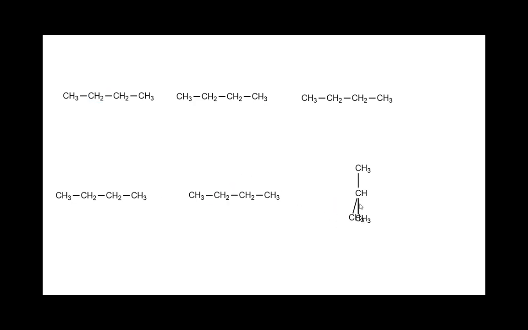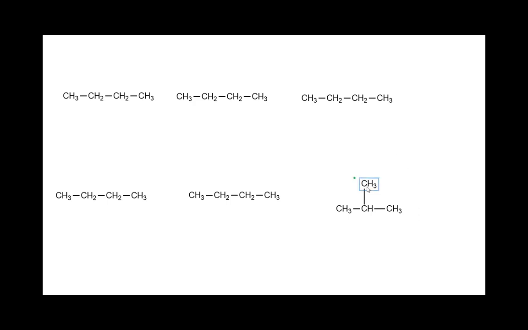There's simply no way to do it. I can bend these around, I can pull these down, I can do anything I want. There's really just no way that I can change one of those into the other, even though these structures all have C4H10, no matter what. So that tells me that these must be different compounds.